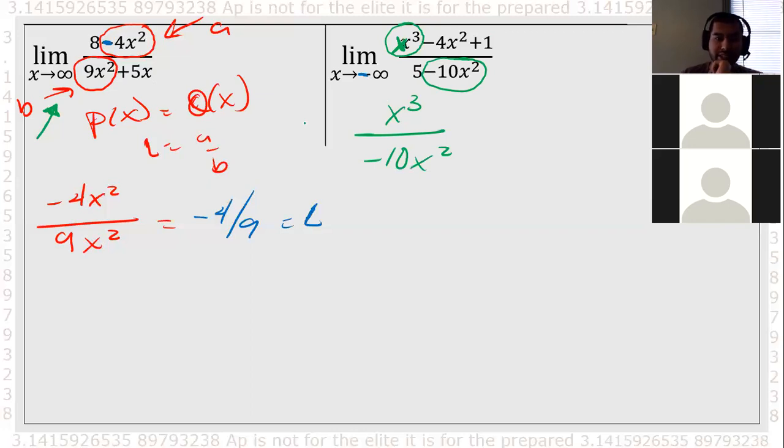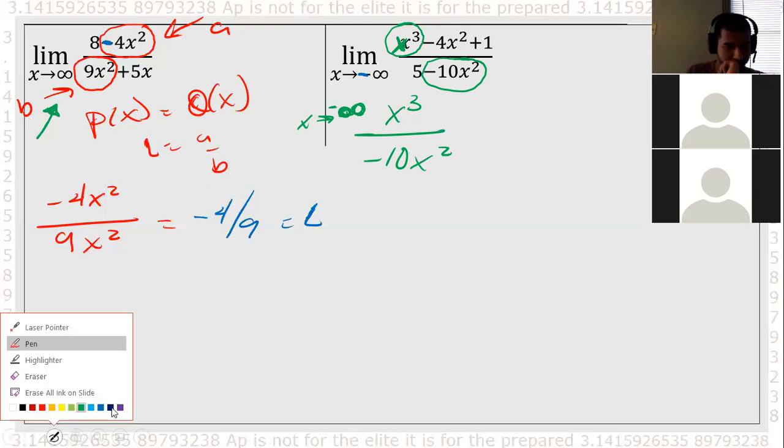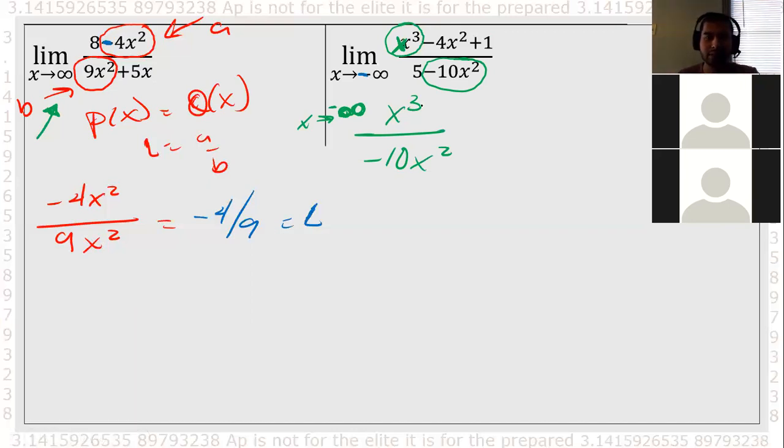As x goes to negative infinity, what's going to happen? Well, it's rising a lot faster on my numerator. So just by this definition, it should be a positive or negative infinity, right? So we're gonna go ahead and check.